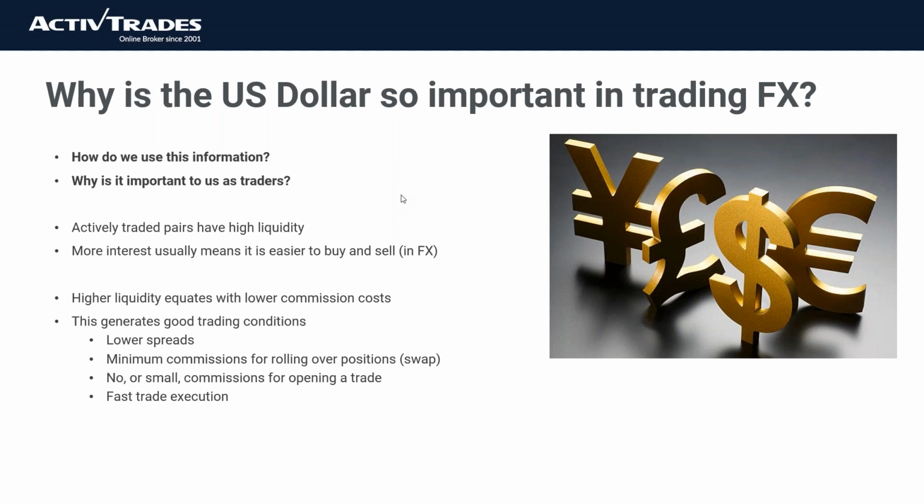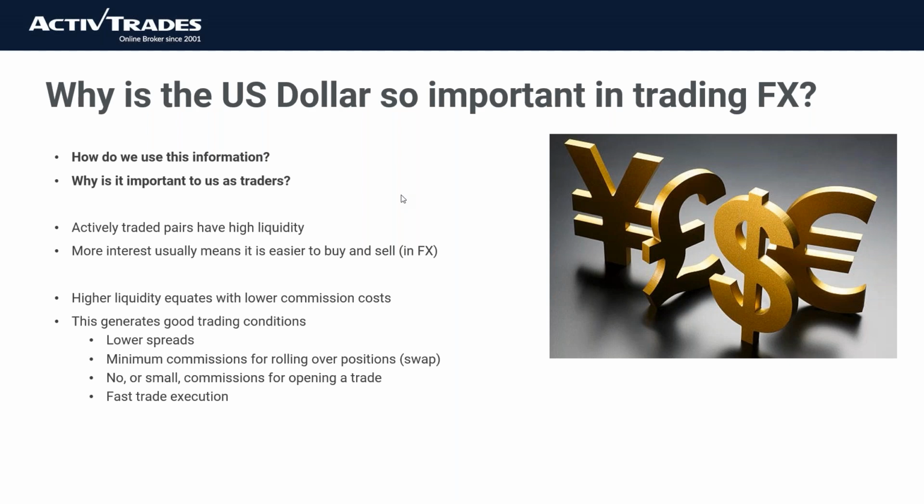But we want to look at, okay, that's great, Paul, but how do we use this information? Why is it important to us as traders, especially FX traders? Well, one of the good things about focusing just on the majors against the US dollar is that they are actively traded pairs.